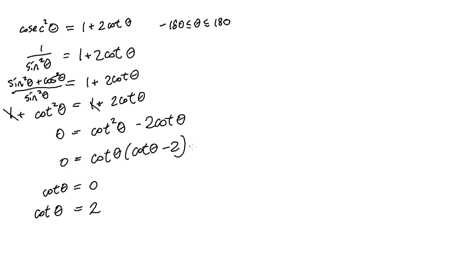And since cot theta is 1 over tan theta, it equals that. For this part there is no solution because 1 over anything cannot be 0 unless it is infinite.